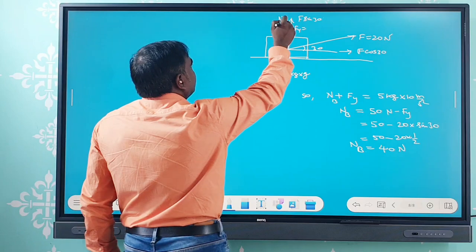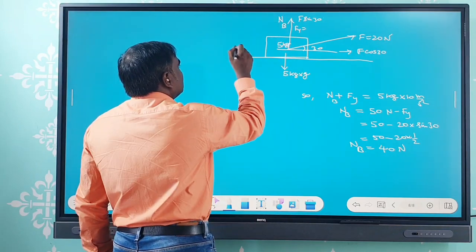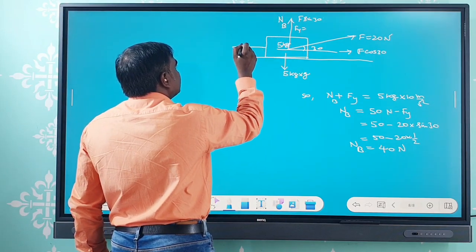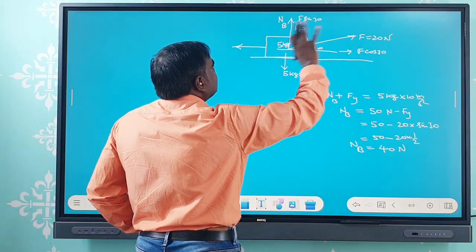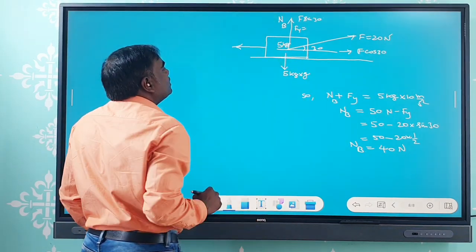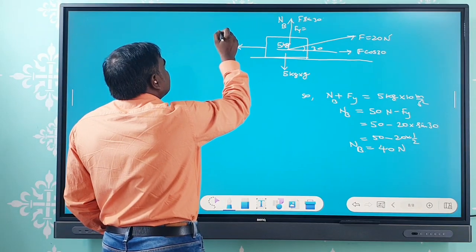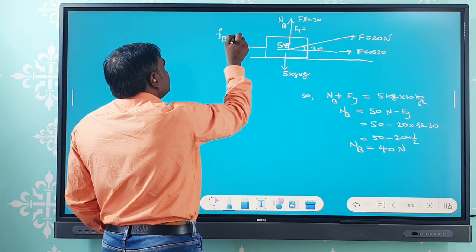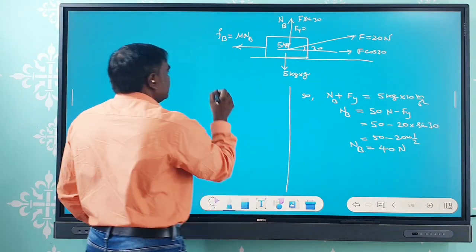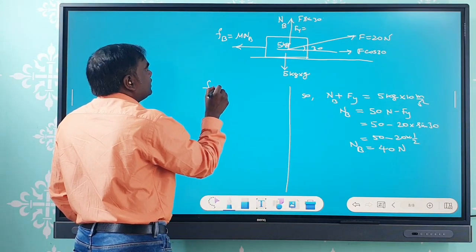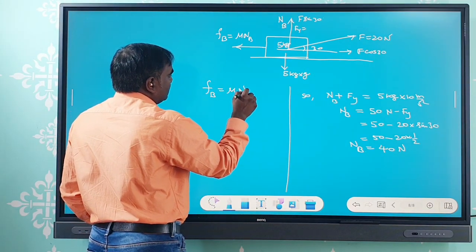So our NB comes out. Now the frictional force acts opposite to this drag; it is pulling, that's why it will oppose the motion. So the frictional force FB is equal to mu NB.